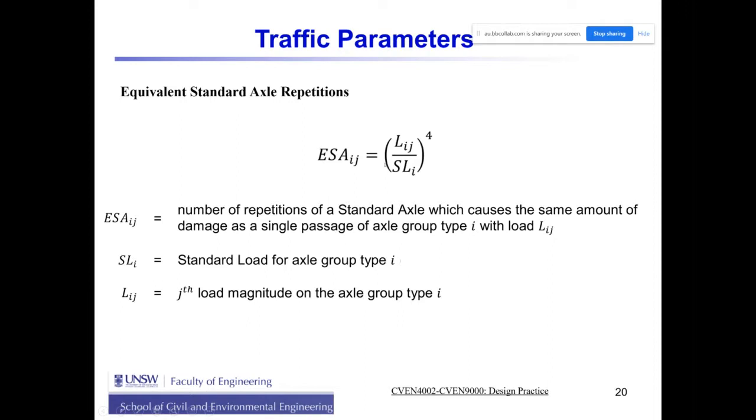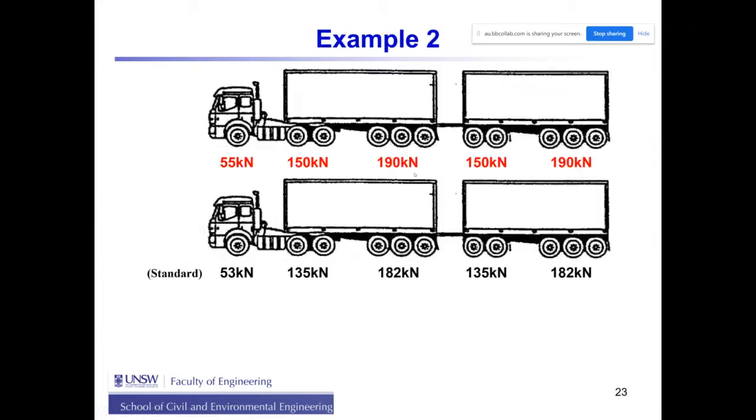In order to convert everything to equivalent standard axle, we divide the load by the standard load, and then we raise this value to the power 4. Lij is the load, and SLi is the standard load.